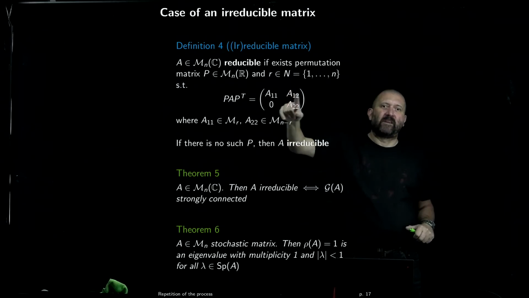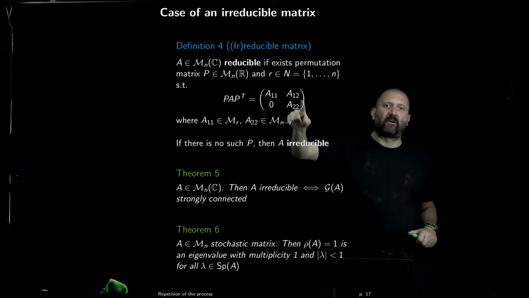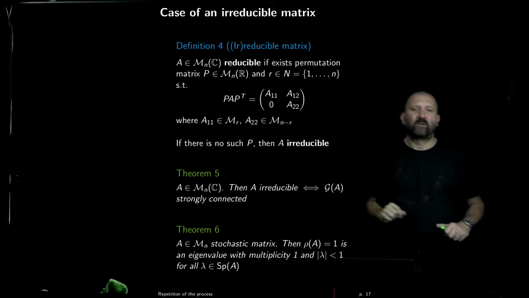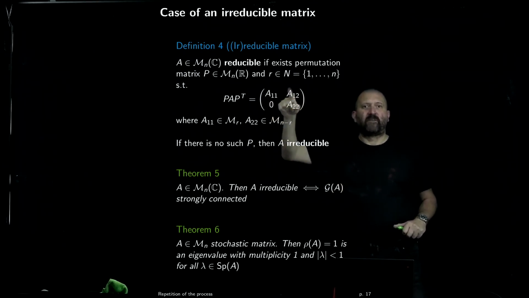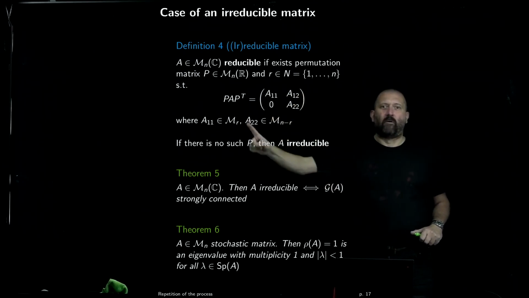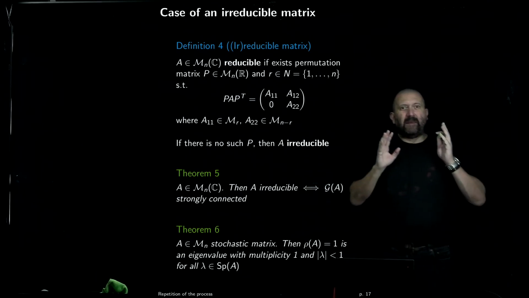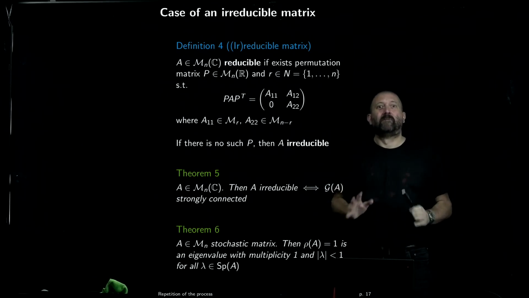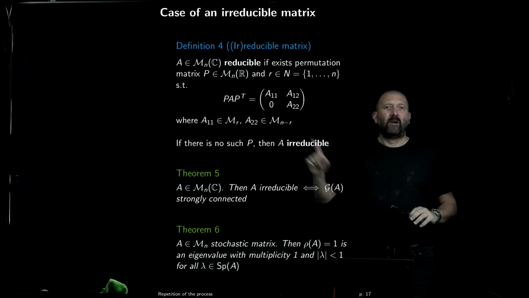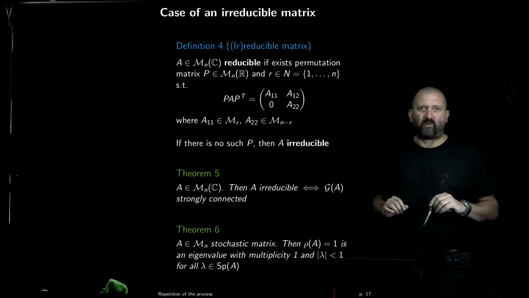That means the top right block has r rows, as many rows as A11, and n minus r columns because it has as many columns as A22. But it doesn't matter what this one does or the 0 here does. What's important is those two blocks. If it is not possible to put the matrix in this form, we say that the matrix is irreducible.